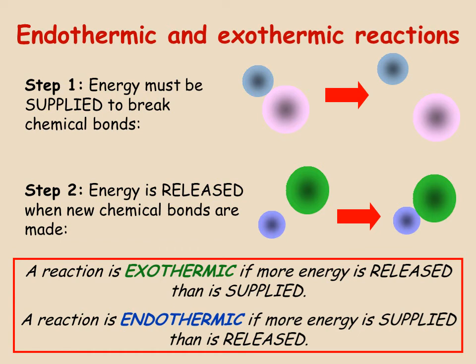Okay. So, a reaction is exothermic if more energy is released than is supplied. That means on the product side more energy is released, right? And a reaction is endothermic if more energy is supplied, that means absorbed or taken in, than is released. Okay, children?